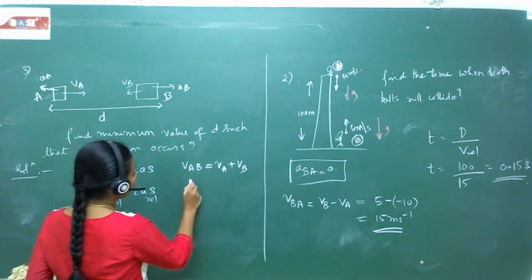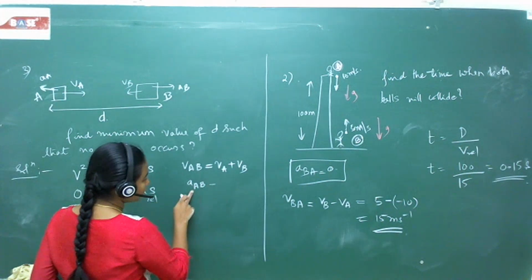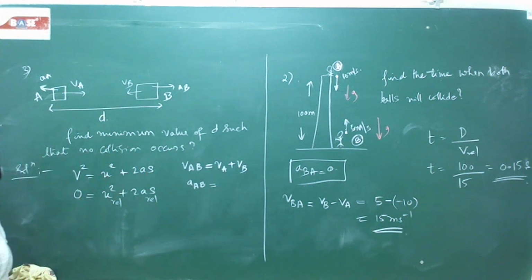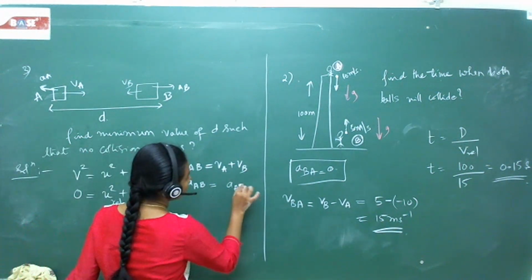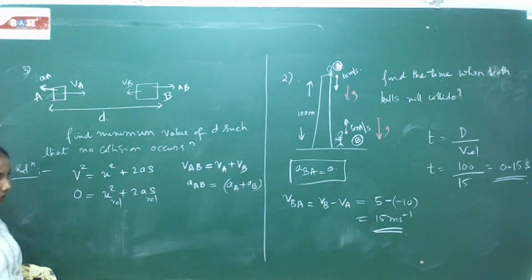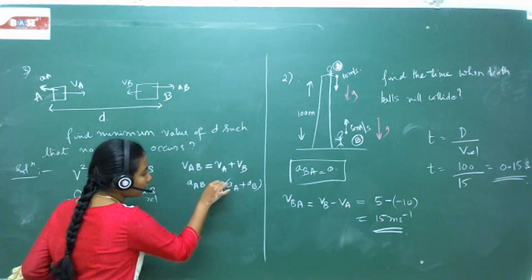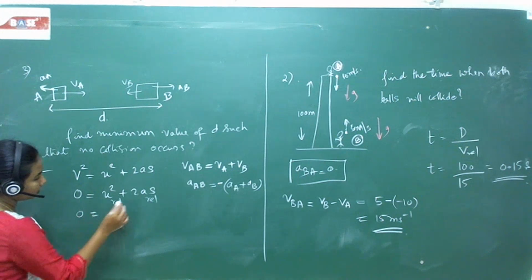Similarly, the acceleration of A with respect to B: both accelerations are retarded, in the opposite direction, right? So here also I will write it as AA plus AB. But since they have said it is retarded, I'll put a minus sign to say that both the accelerations are retarded.